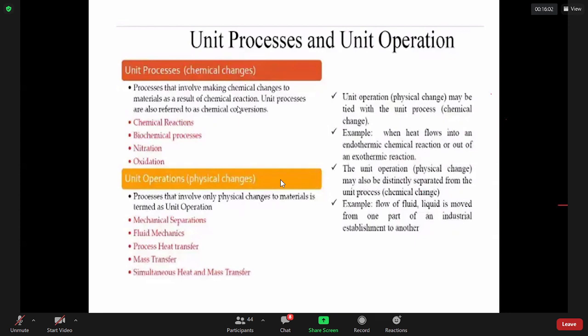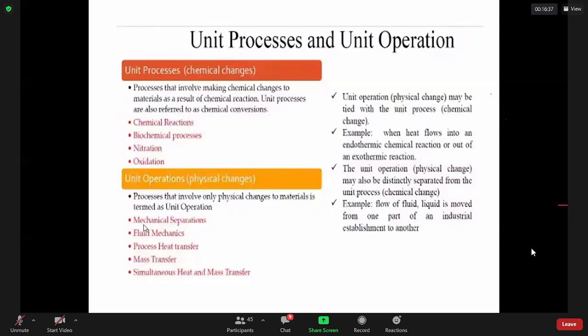There are so many processes involved like nitration, oxidation, you can say you are putting a metal into some medicine. That is also a process. So that is a unit process. While in unit operations, the processes that are involved are only physical to the material, and this is actually termed as a unit operation.